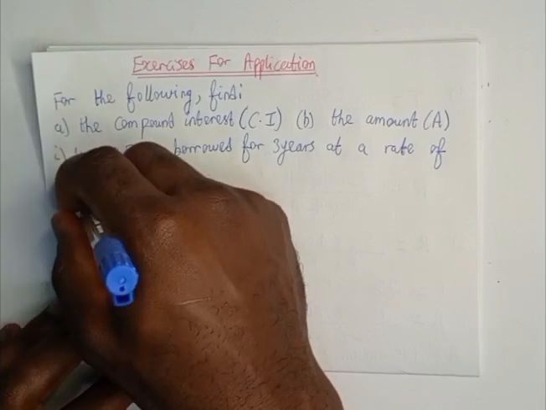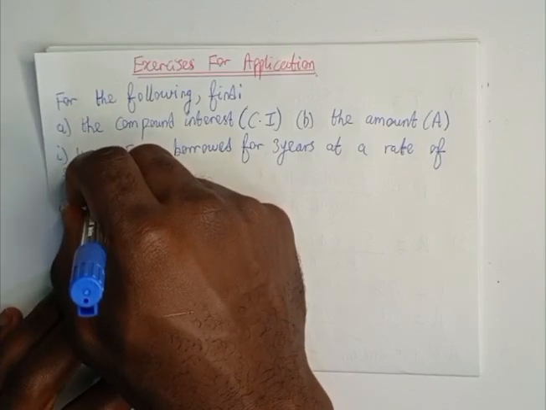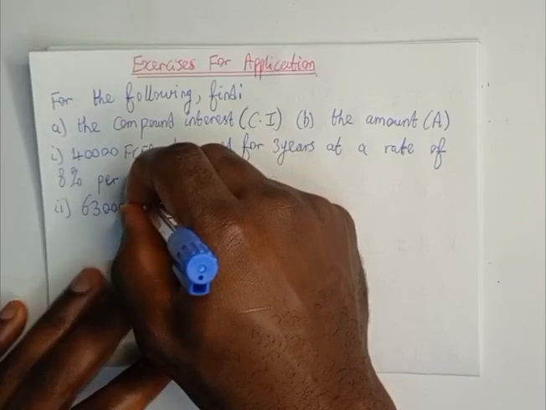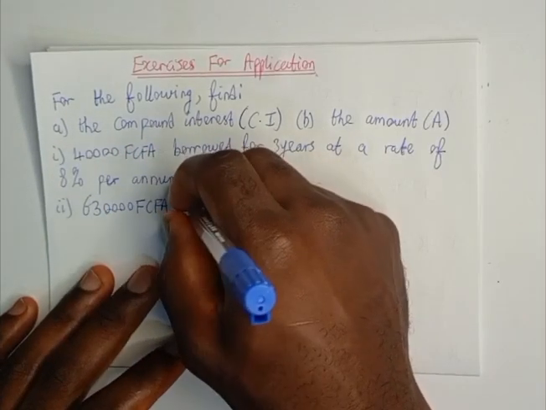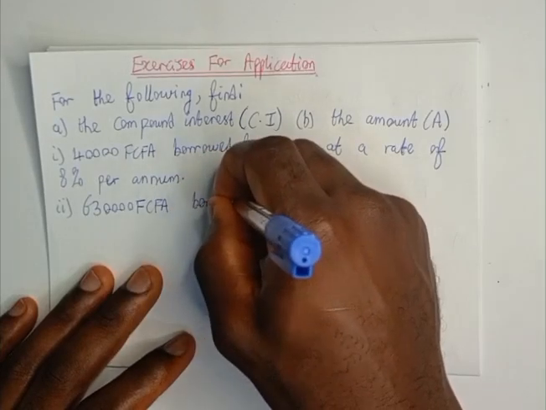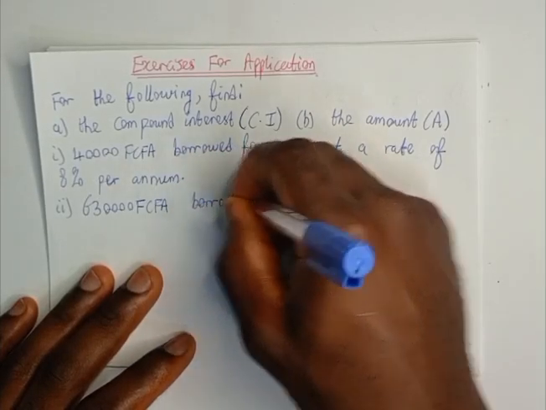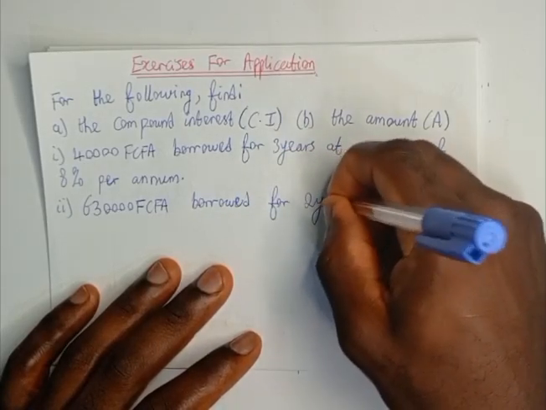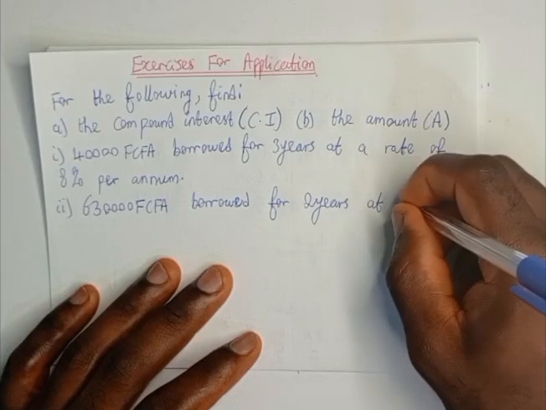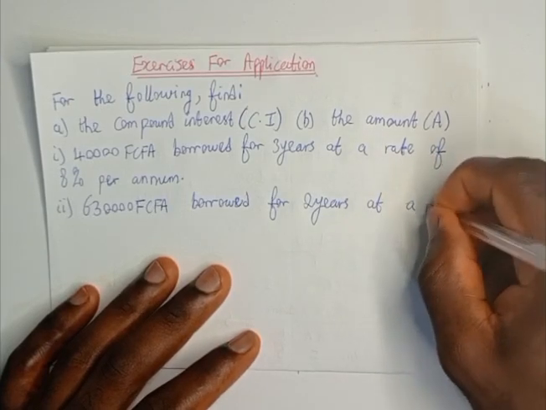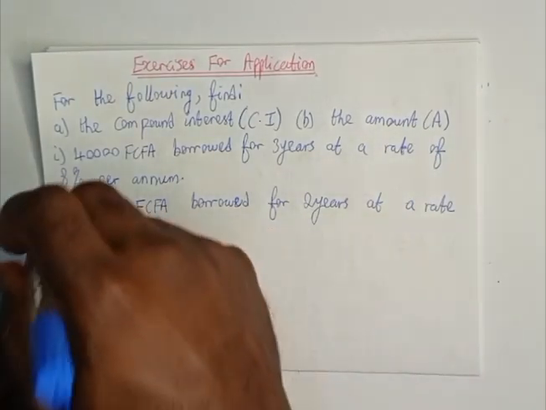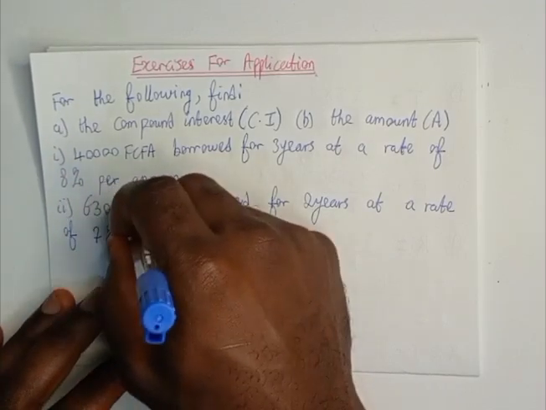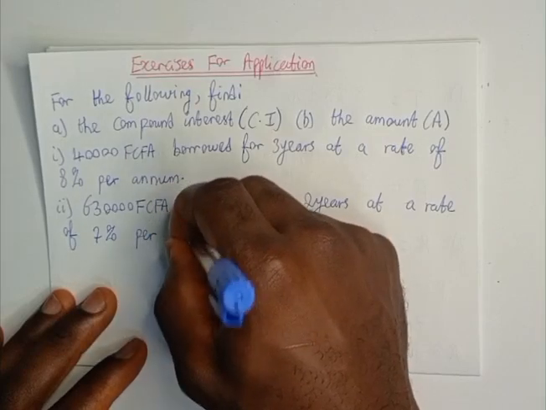For 2, we have 630,000 francs CFA borrowed for 2 years at a rate of 7% per annum.